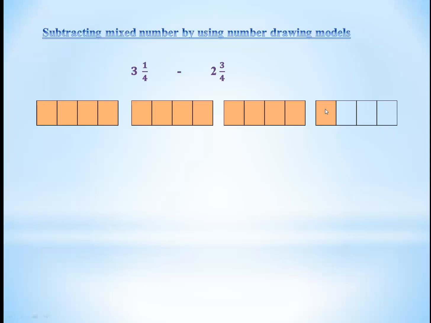Yes, this is a quarter, and we will remove 2 wholes. And we will remove also, yes, 3/4. Let's remove 3/4. 1, 2, 3. So it will be, yes, we have 2 fourths only.